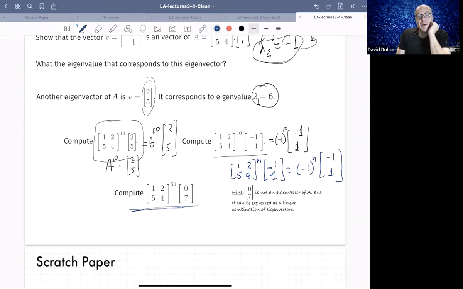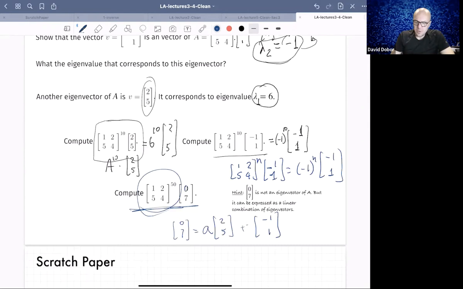Now how about 0, 7, which was not an eigenvector? How do I compute a power of the matrix applied to a non-eigenvector? The trick is to express 0, 7 as a linear combination of the eigenvectors you know: 2, 5 and -1, 1. How about a is 1 and b is 2?